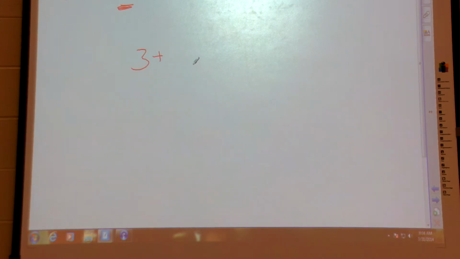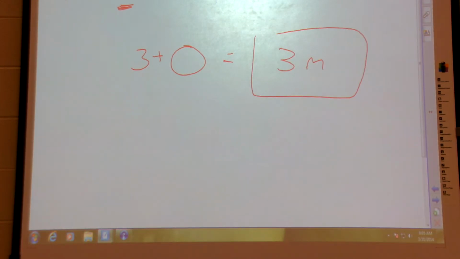How much did it move? 0. So it is now at 3 meters, correct? Does that make sense? We found in part B how much it moved, the displacement. It really moved nothing overall. Now it's still at 3 meters.